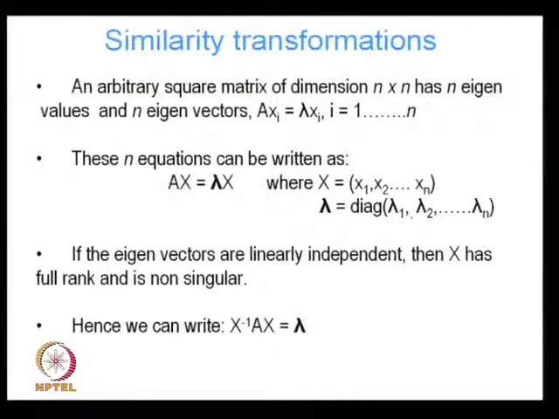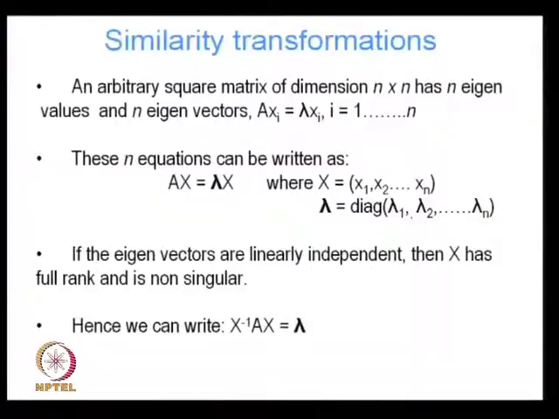If the eigenvectors are linearly independent, X is going to have full rank and is going to be non-singular. Why? Because if the eigenvectors are linearly independent, each of the columns of X is linearly independent, X has full rank, and thus X is invertible and non-singular.